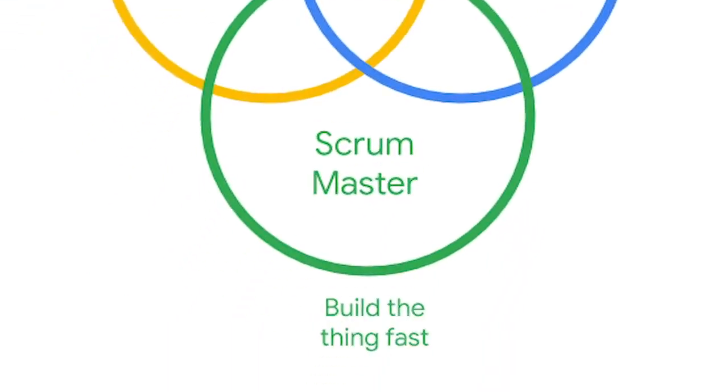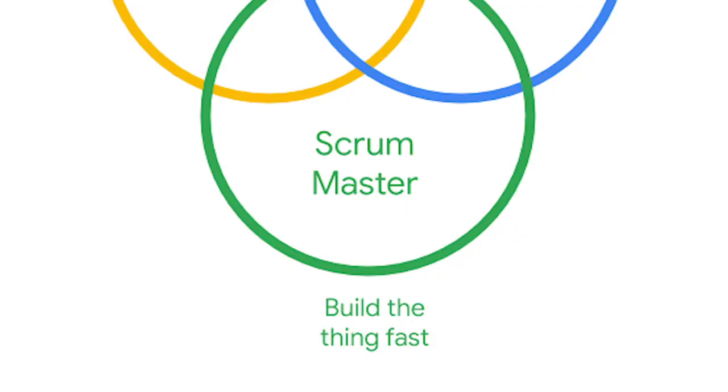The Scrum Master is responsible for when a team will deliver value to its users. This role is roughly equivalent to the project manager role in traditional projects. The Virtual Verde Scrum Master is helping unblock the team from getting things done, such as finding out why a vendor was late, or helping the team prioritize issues from users, or organizing the demo for the CEO. The Scrum Master's job is to build the thing fast.